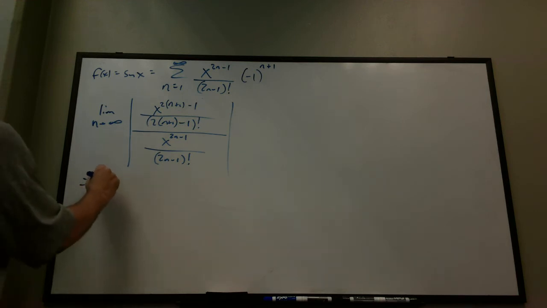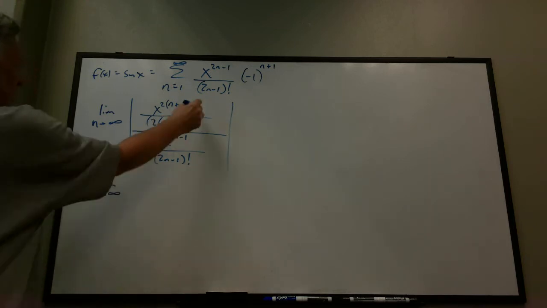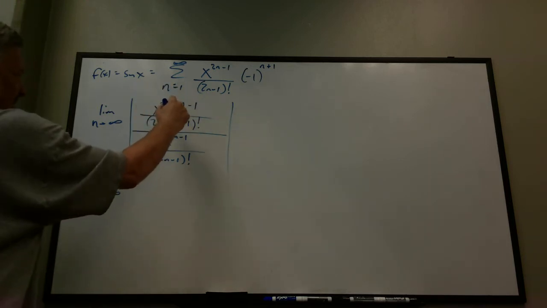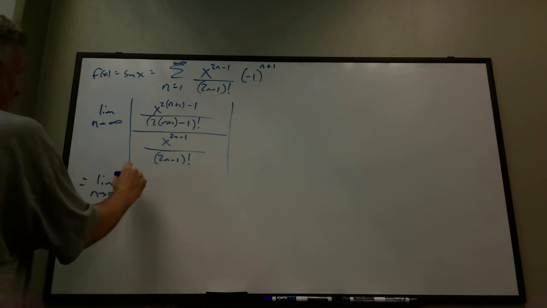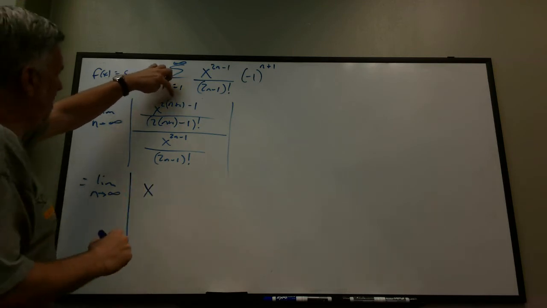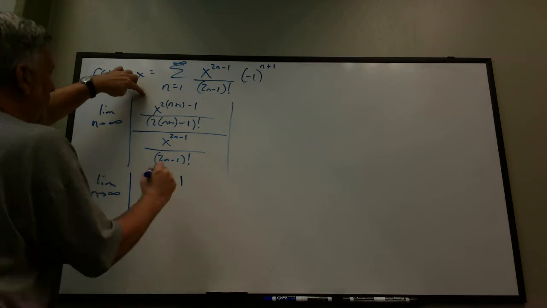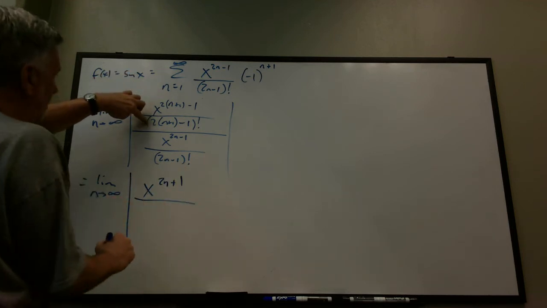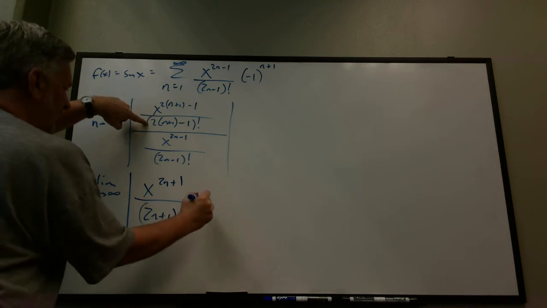Okay, so then I'm still going to do the... okay, let me simplify the numerator, and then I'll invert and multiply by the denominator here. So one thing at a time. So this is x to the 2n plus 2 minus 1. That's x to the 2n plus 1 over, that's the same thing down here, so 2n plus 1 factorial.